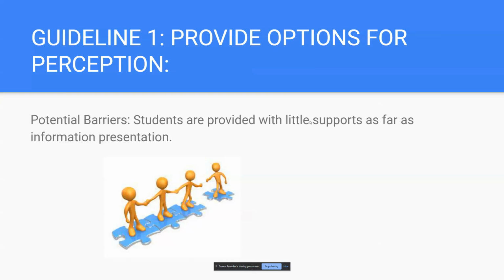I didn't see any documentation in this lesson of how that information was going to be presented or any accommodations that would be provided to students when presenting that information. So I thought that was a big miss right off the bat for guideline number 1 as far as the UDL principles.